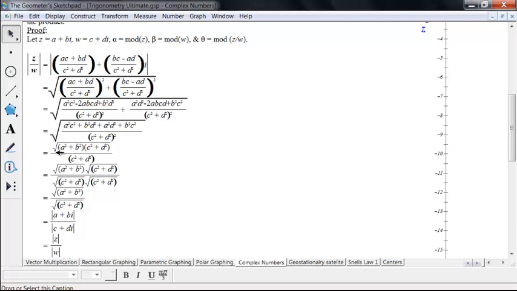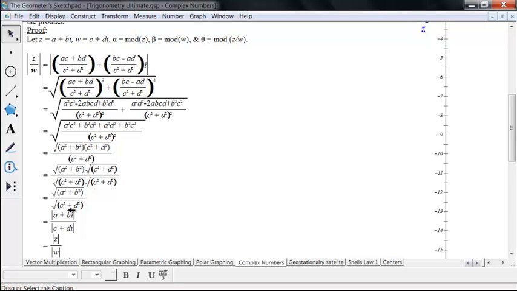Of course, the square root of a product is the product of the square roots. These are all real numbers here, so we know that works. So we get the square root here and here. The bottom we could think of as the square root of this squared. And then if you notice, these two square roots on the second part cancel each other out. And so we get the square root of a squared plus b squared over the square root of c squared plus d squared.